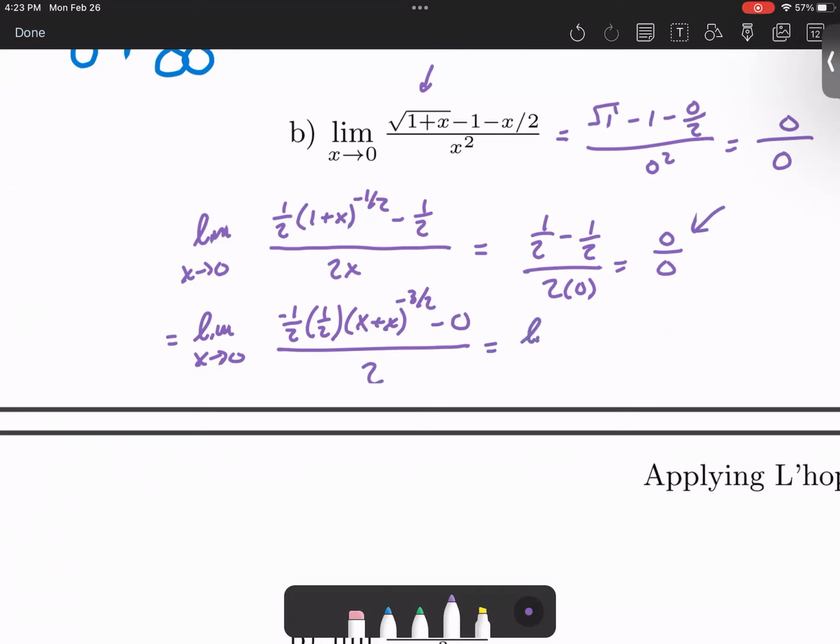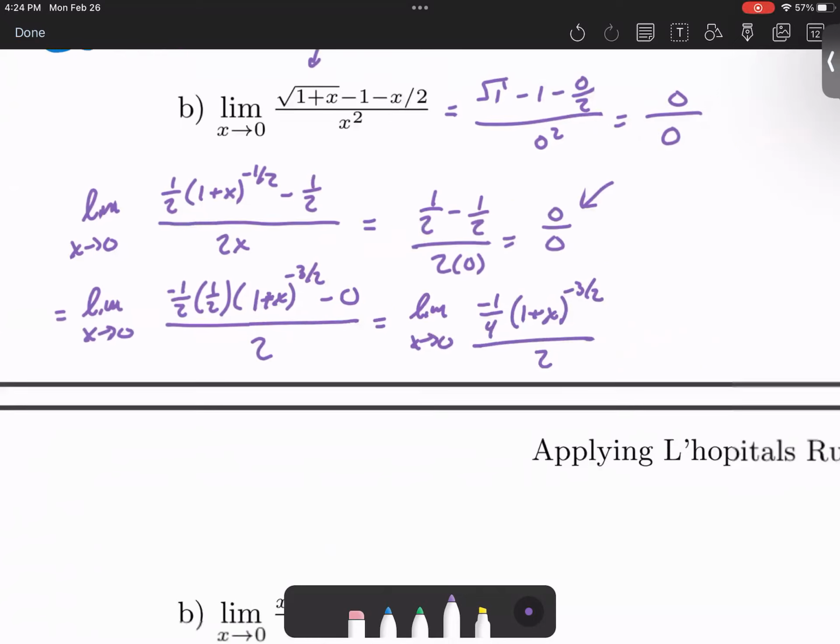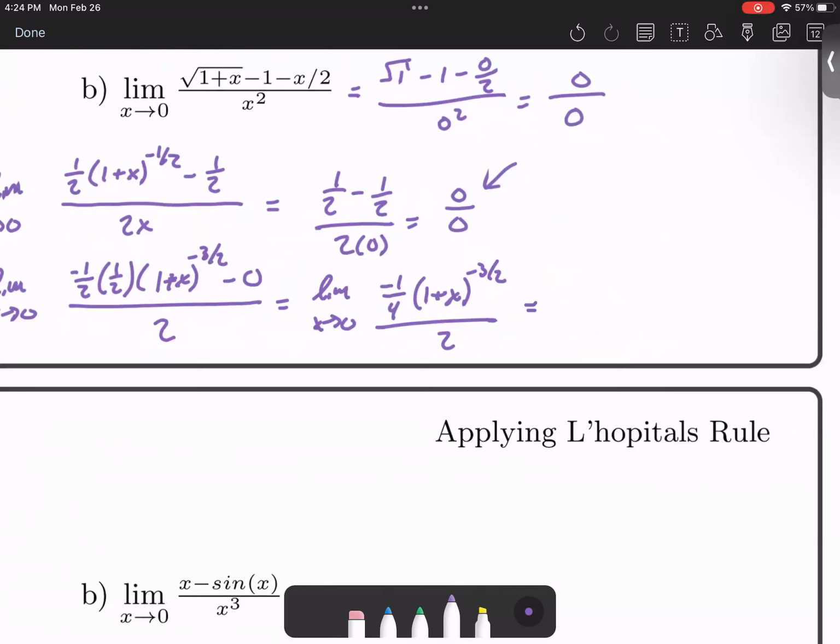Let's clean this up before we take the limit. Oops, sorry, that should read 1 plus x. Now directly substituting x to be 0, we get minus 1 over 4 over 2. That's minus 1 over 4 times 1 over 2, or minus 1/8.